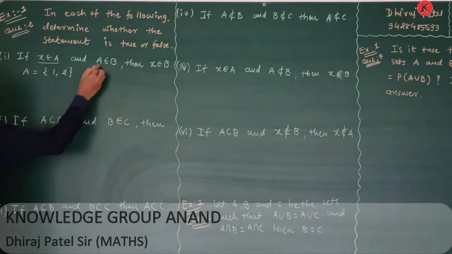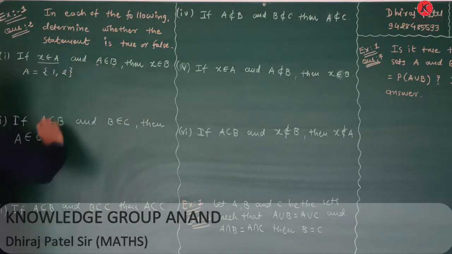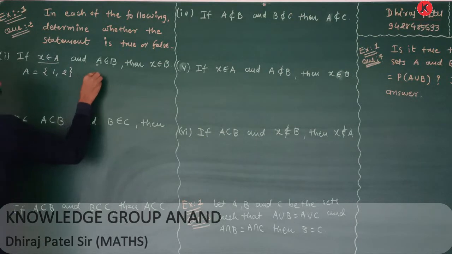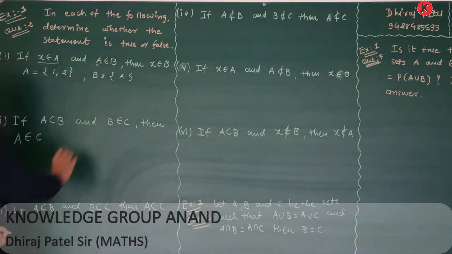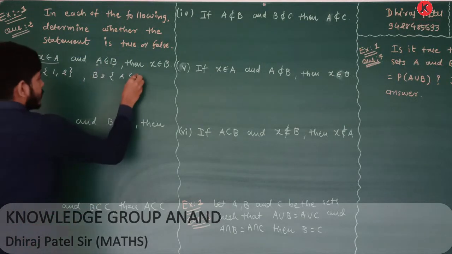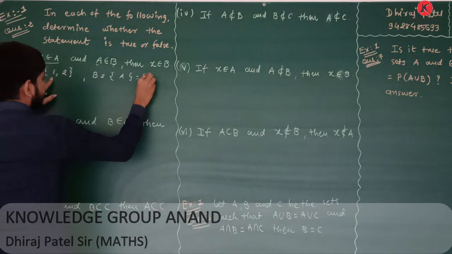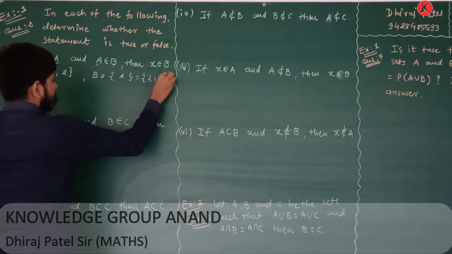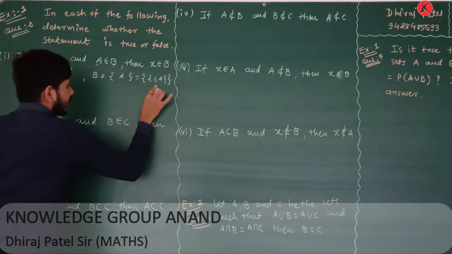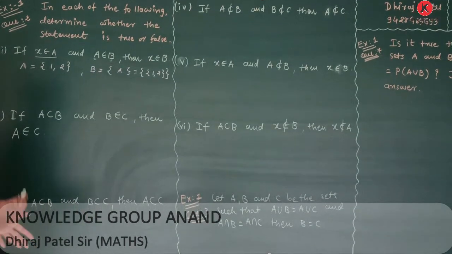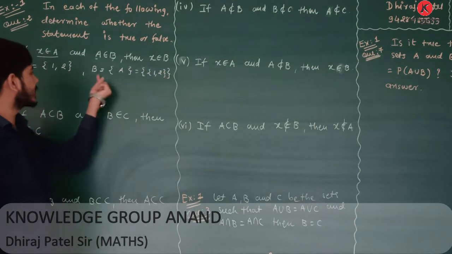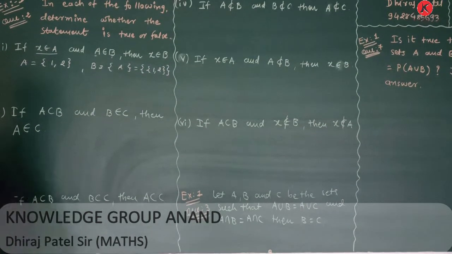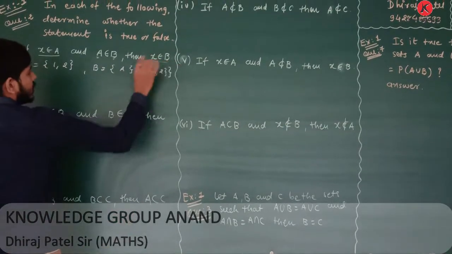That means A is the element of set B. Therefore, you have to take B equals {A}, which is {{1, 2}}. This is your set B. In set B only one element is there. Now check whether x belongs to B or not.